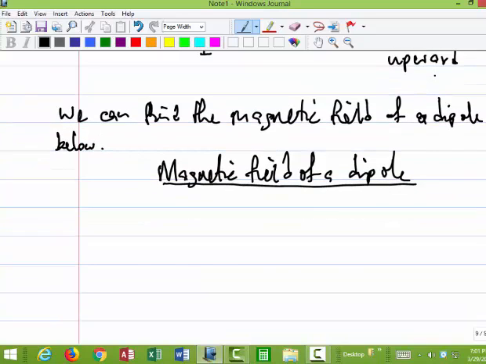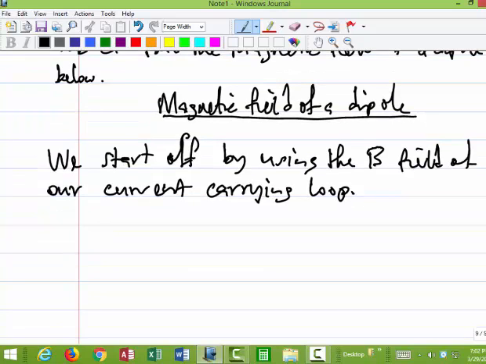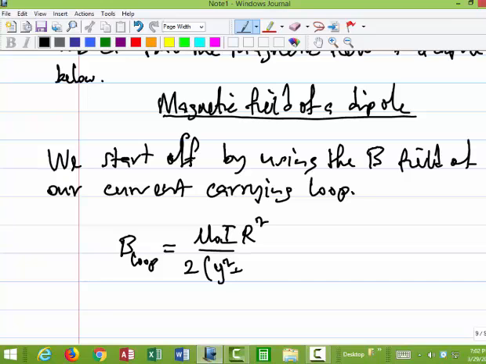The magnetic field of the loop was given by mu naught I r squared over 2, times y squared plus r squared raised to the power 3 over 2 in the denominator. So that's the magnetic field of our loop.